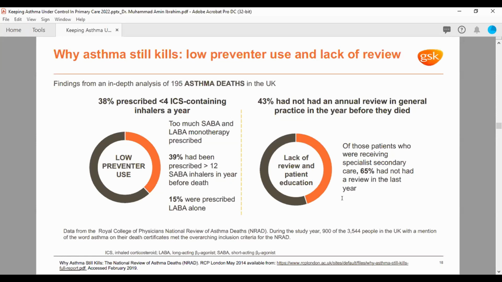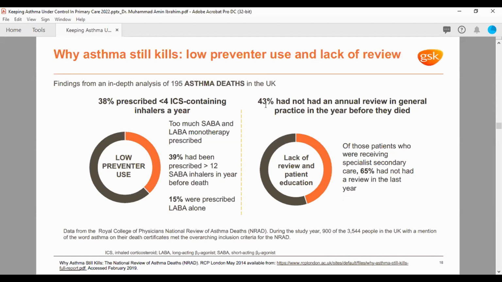The reason for that, they are over-reliant on short-acting and long-acting beta agonists. In fact, 15% of them received LABA therapy alone. So we should never give long-acting beta agonist alone in asthma treatment. If you want to give LABA, you should give it in combination with inhaled corticosteroid.